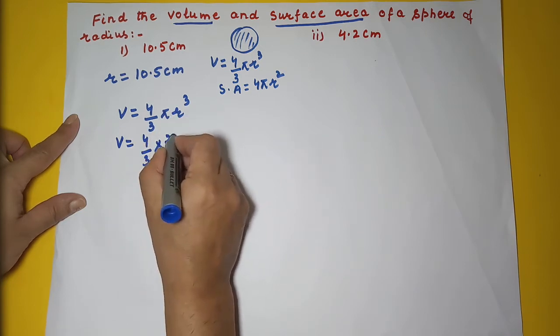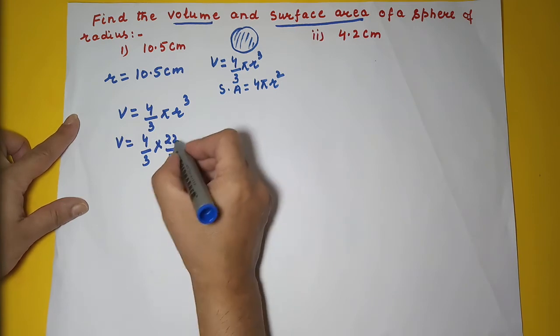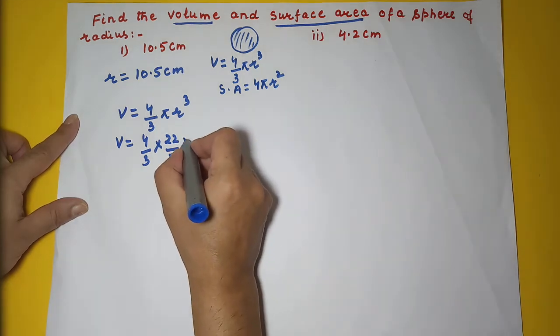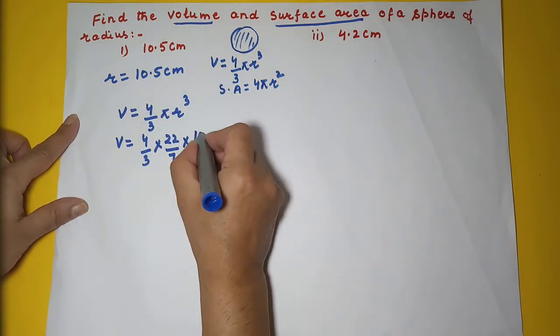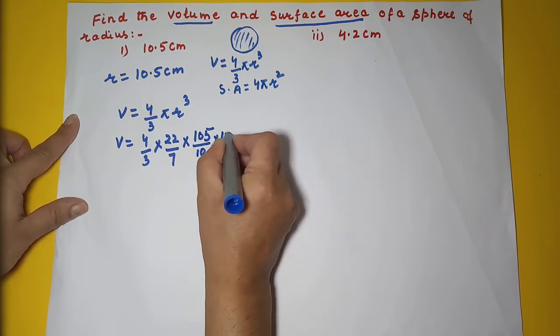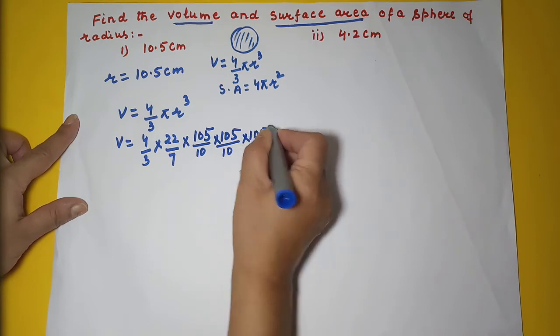Pi you have to use 22 by 7, unless it's specified there to use pi as 3.14, or sometimes you may have to use it as 3.142 also. And r we can write as 105 upon 10 into 105 upon 10 into 105 upon 10.